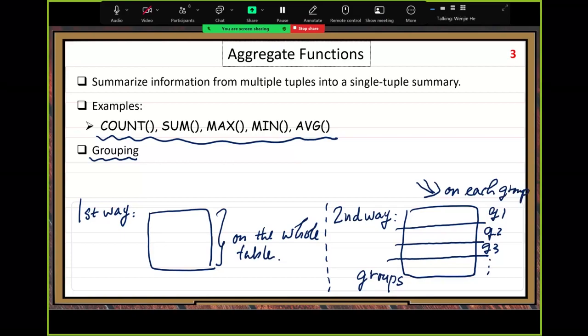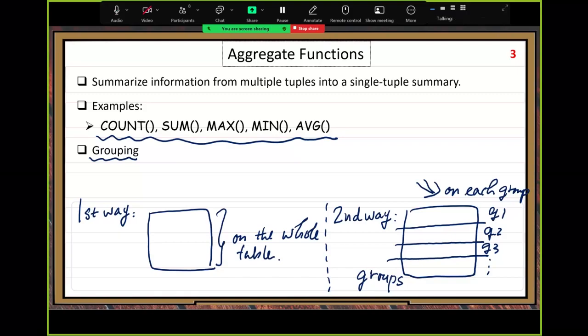For group G1, you can apply count, sum, max, min, average, for example. For G2, you apply one of the aggregate functions, and so on. For each group, you apply one of the aggregate functions.